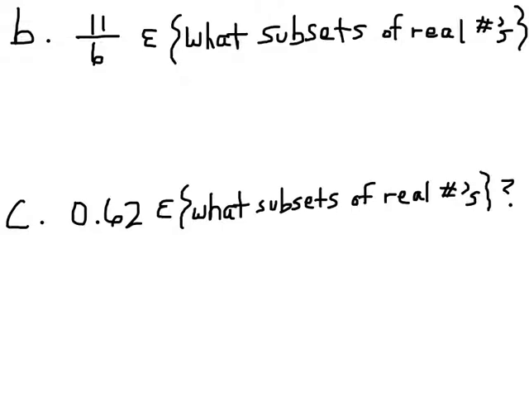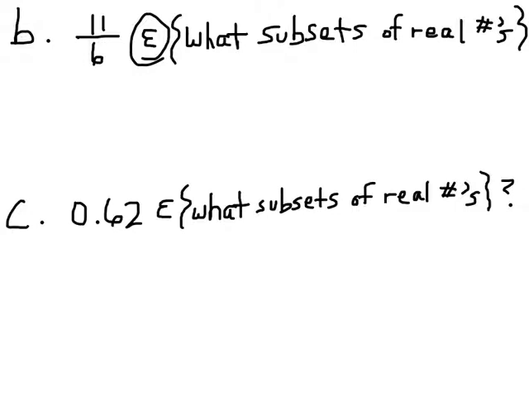All right, now this is where problems like this, and you're going to continue to have them throughout the book now, are going to have you list, for example, the number 11 over 6 is a member of, and that's what this little symbol means, is a member of what subsets of real numbers? So you've got to look at your little handy-dandy chart, reference chart that we've got, and say 11 over 6.